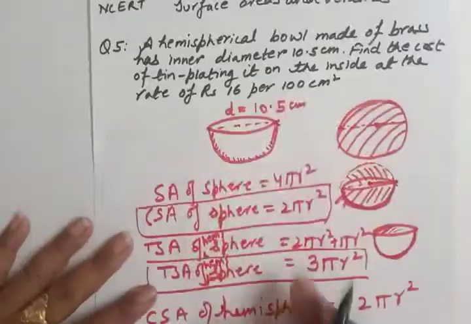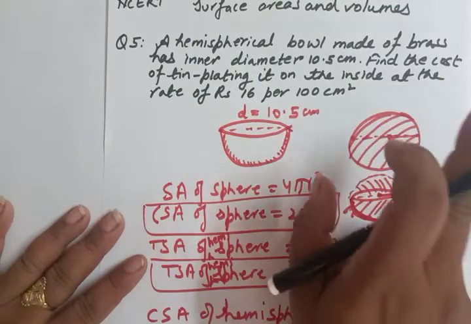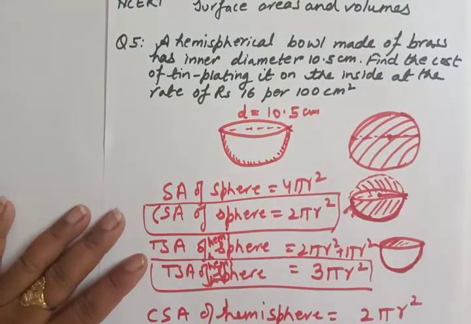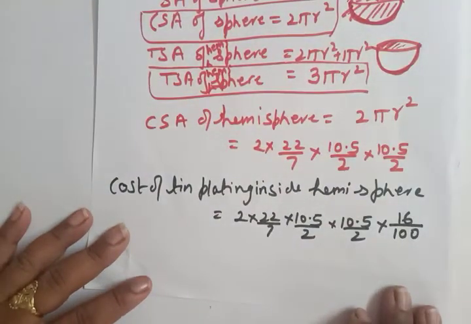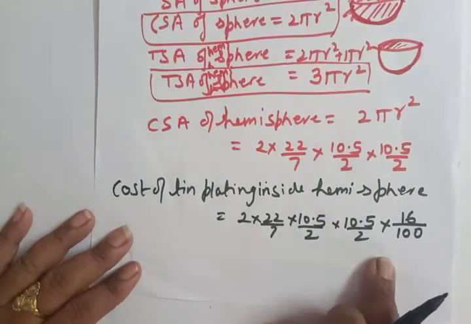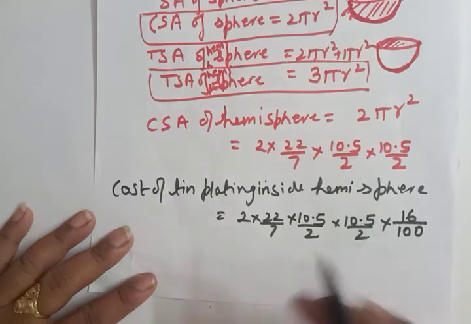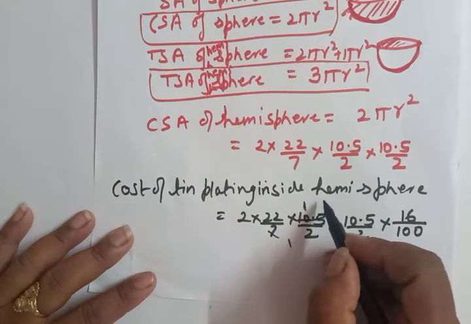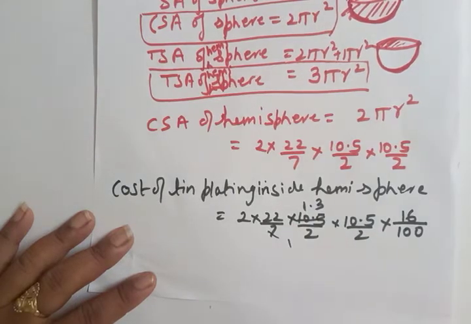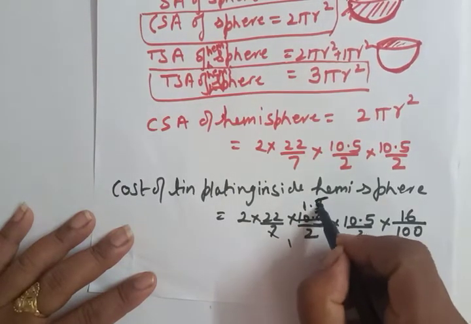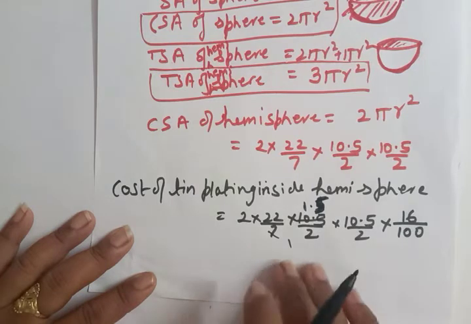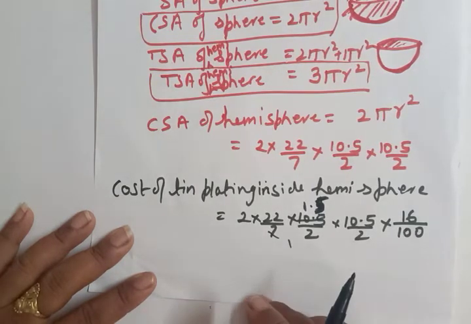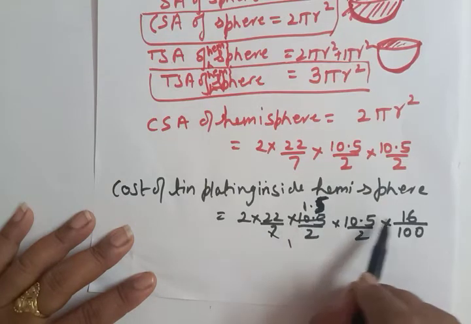See, 100 centimeter square is of rupees 16, so 1 centimeter square will be rupees 16 upon 100. Now what we have to do? We have to simply solve this. 7 1s are 7, 7 1s are 7, and 7 5s are 35. Now we need to multiply this.